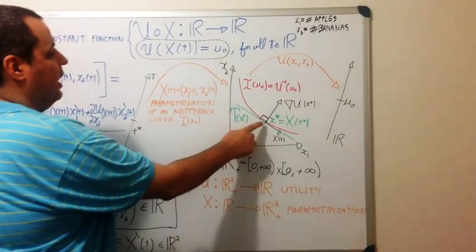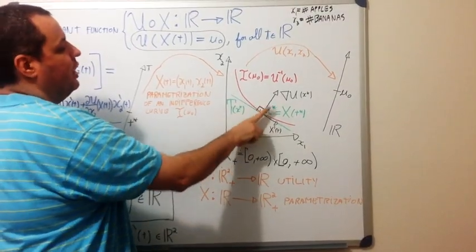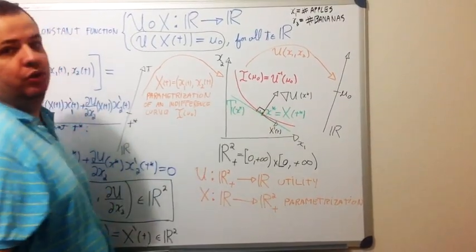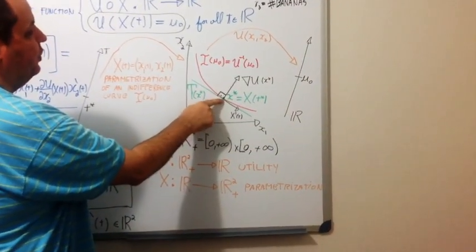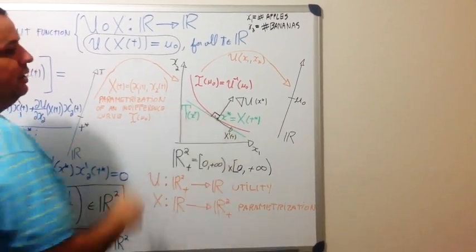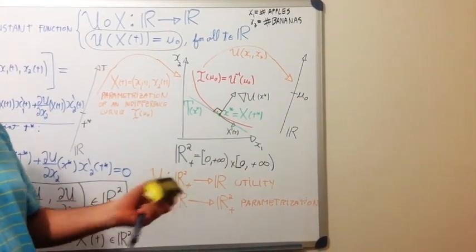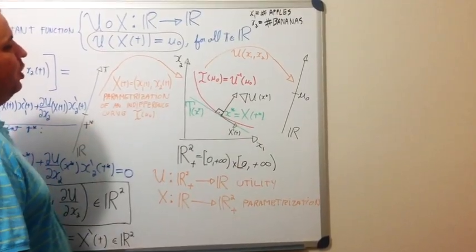That is, if you are at this point here and you want to increase your utility the most, this is the direction you should be trying to go. Okay? While if you're here and you want to keep the same level of utility, you should go along the green line. At least locally, that's what happens. So globally things can be different, we know that, but locally that's the picture of the local analysis.